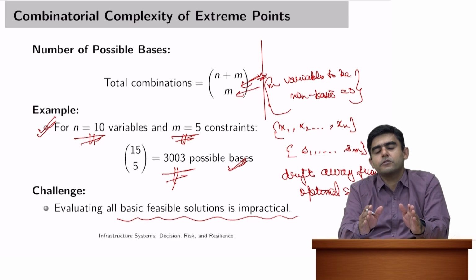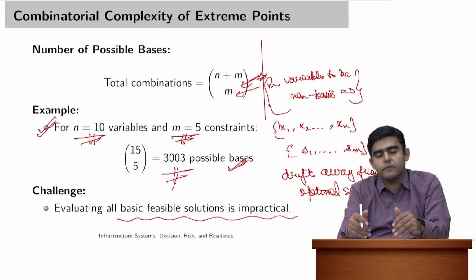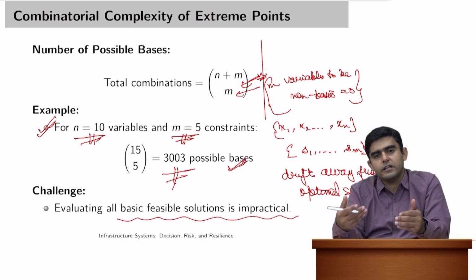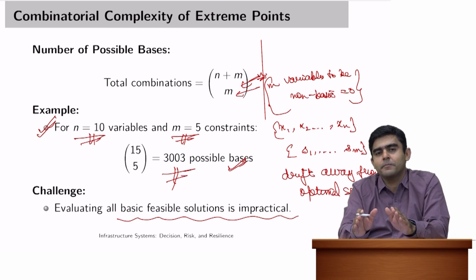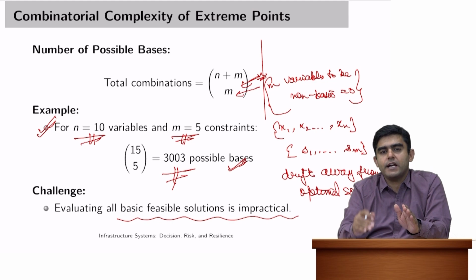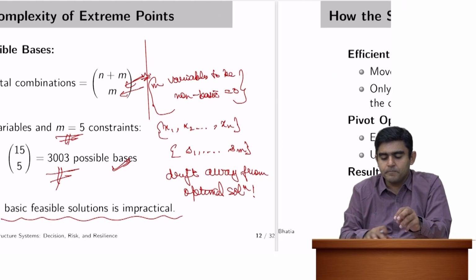Also, when I say non-zero solutions, I'm not saying that the basic variables cannot assume a value of zero. They can, of course, take a value of zero during optimization, but I am not forcing them by choice to be zero as I'm doing with non-basic variables.